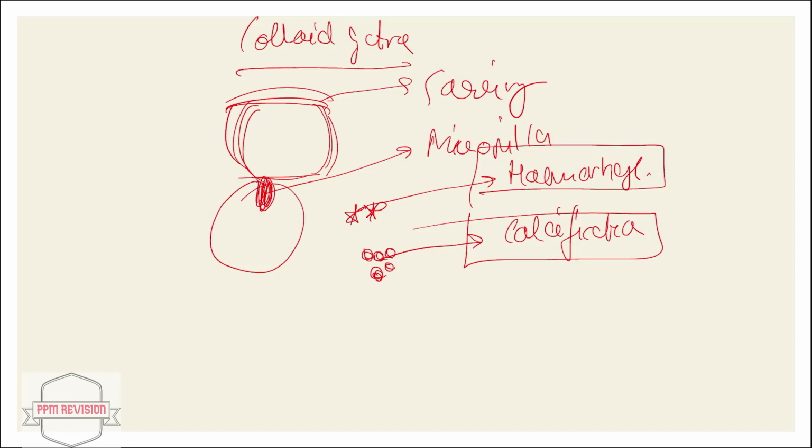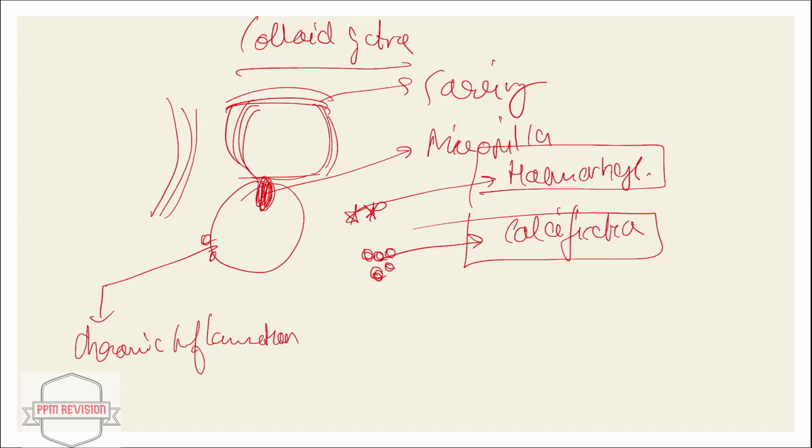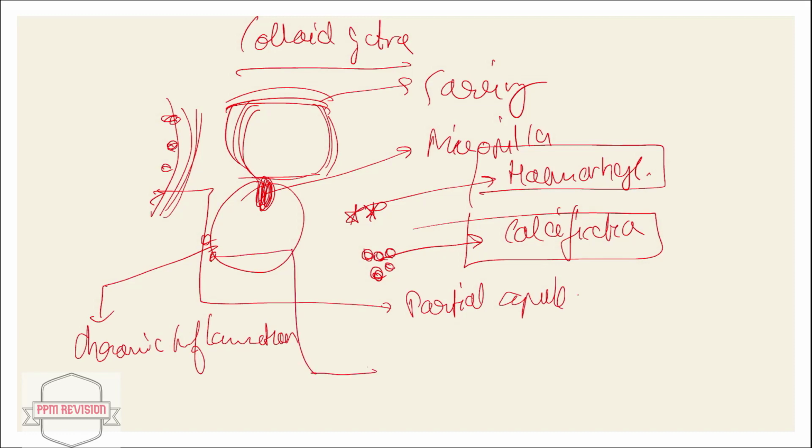Two very important points. After this, we can also see chronic inflammation, as well as a partial capsule.